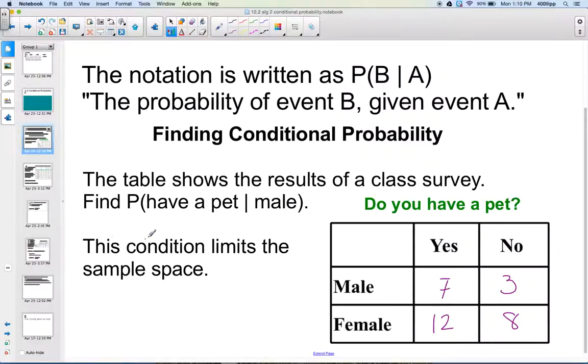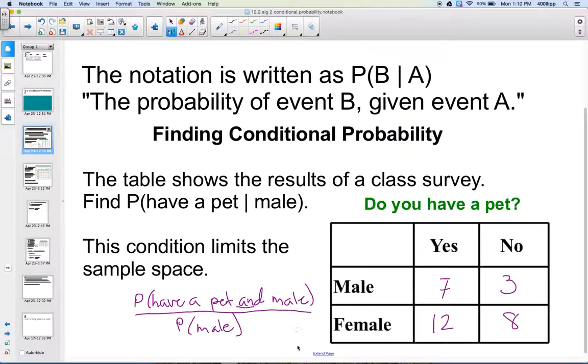So this condition limits the sample space. It's not talking about everyone here. One of the ways we can do this is to look at how many people have a pet, and is the key word here, and they are male. Then we divide that by the probability that they are male, whatever the given part is.